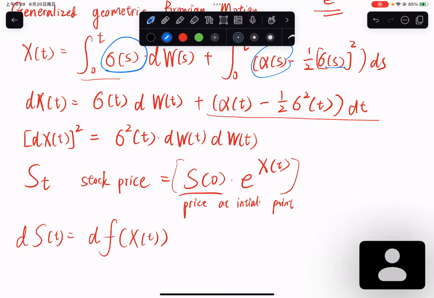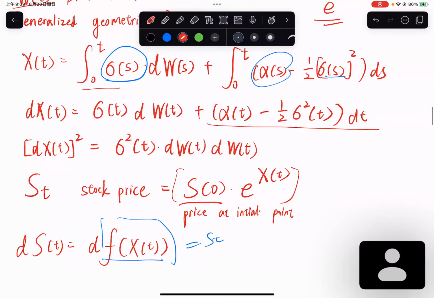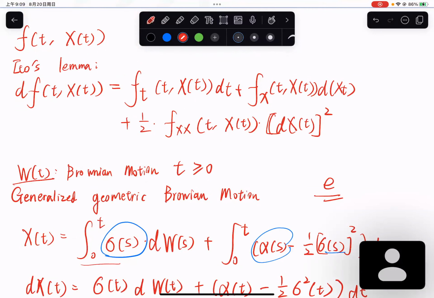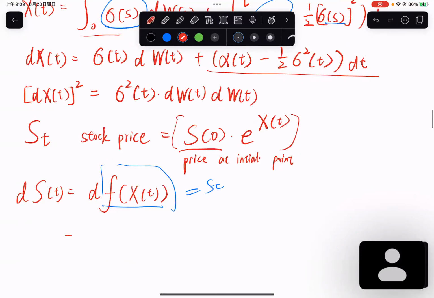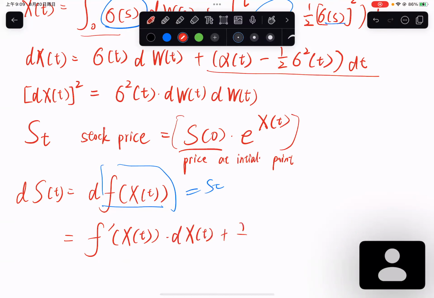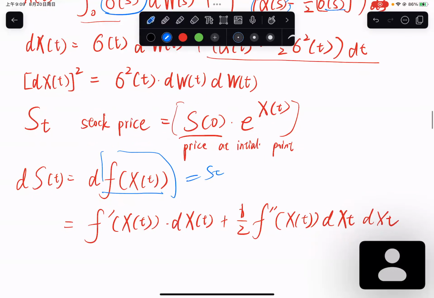If we define this function f as the exponential of X_t and apply Ito's lemma introduced here, we get f prime of X_t multiplied by dX_t plus 1 over 2 f double prime of X_t dX_t dX_t.